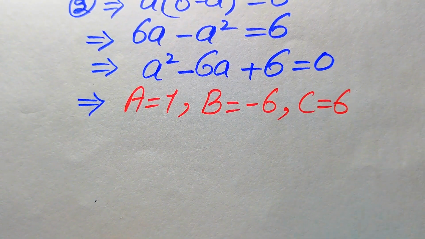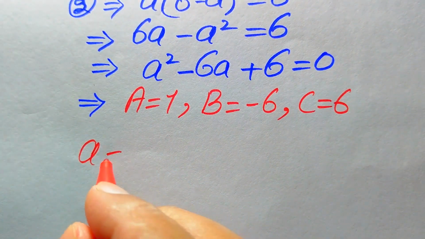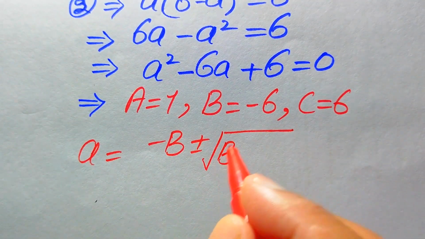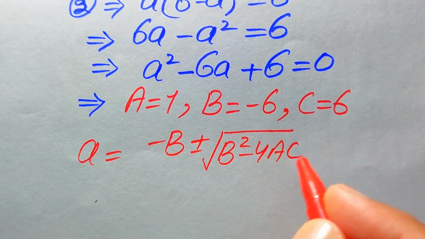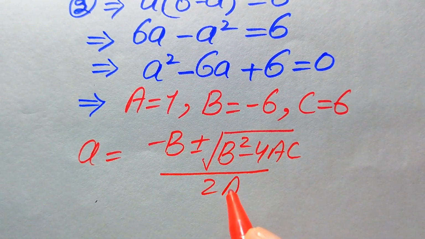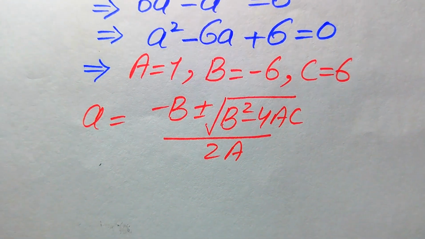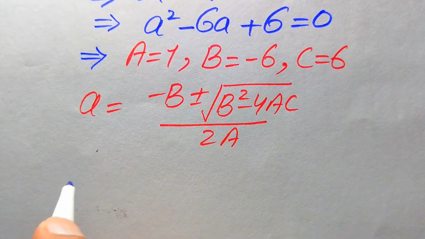So here we state the quadratic formula as a is equals to minus b plus minus square root of b square minus 4 times of ac divided by 2 times of a. So this is our quadratic formula, and here we substitute all the values of a, b, and c, and this will be written in this form.